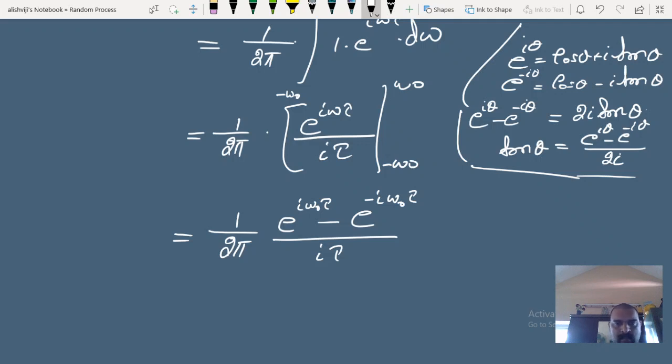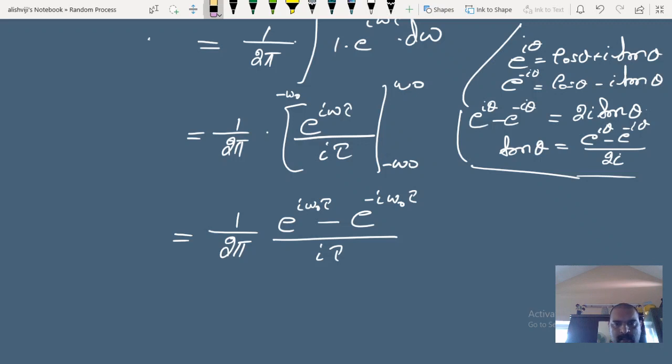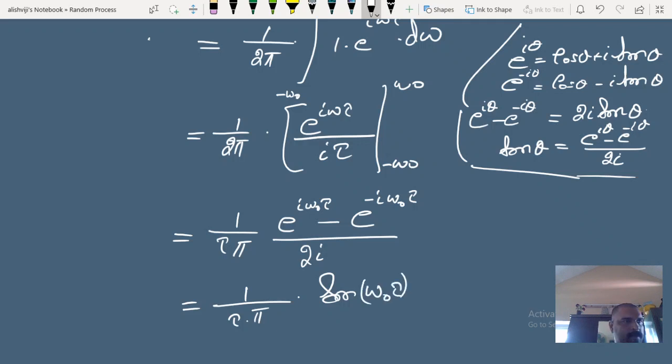And here, if you rewrite it, we remove this I from here and 2 from here, and the I is shifted to here, and here the 2 is here. So this thing is 1 by tau into pi into this thing is nothing but sine of omega naught tau.